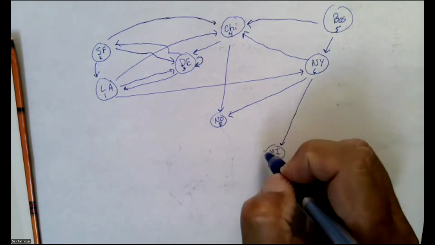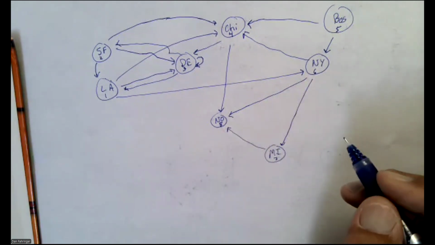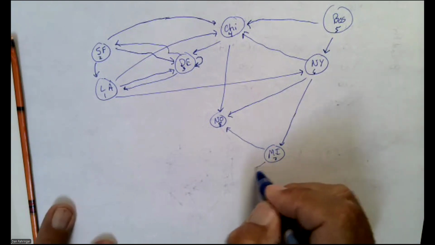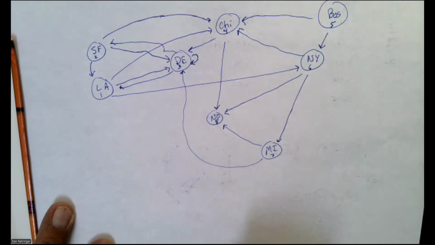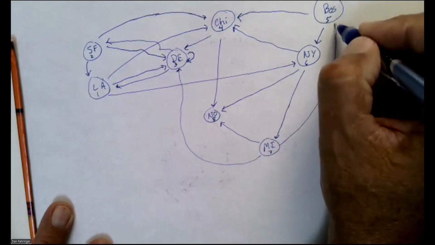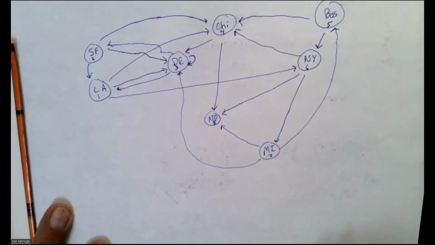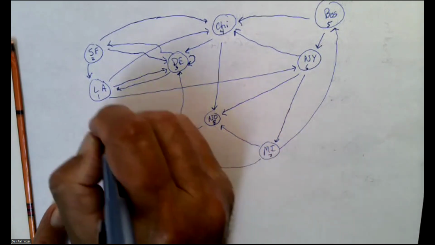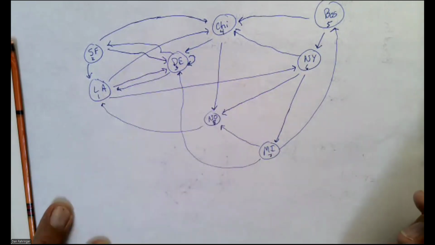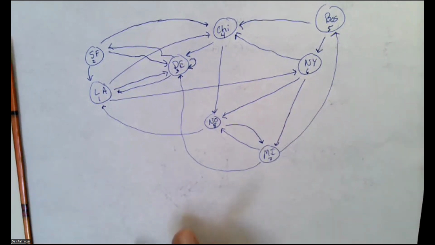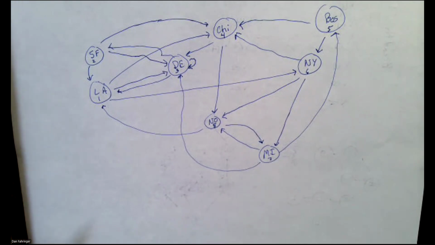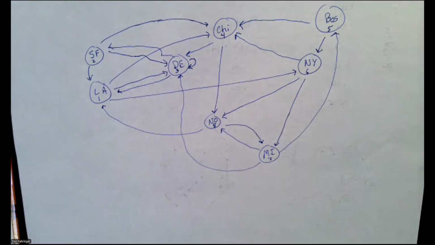Miami goes to 8, New Orleans, goes to 3, which is Denver. And it goes to 5, which is Boston. New Orleans goes to LA and to number 7, which is Miami. What do you think about that?